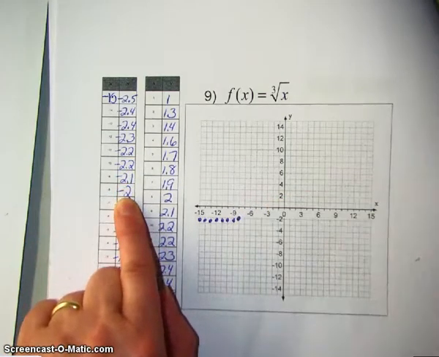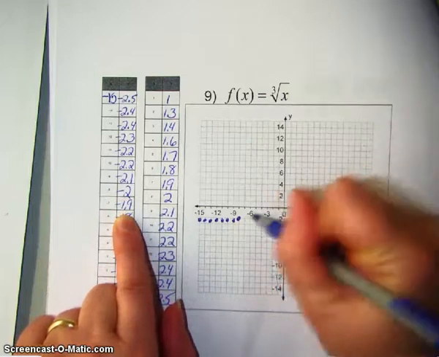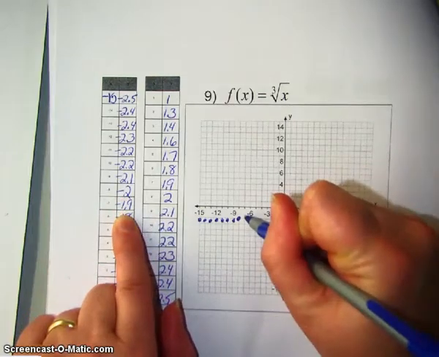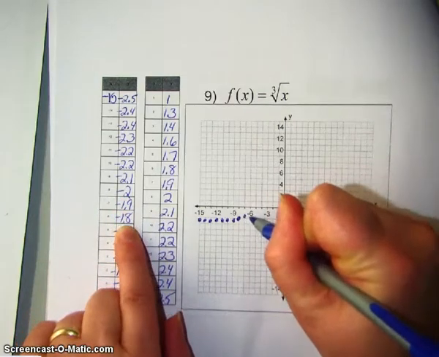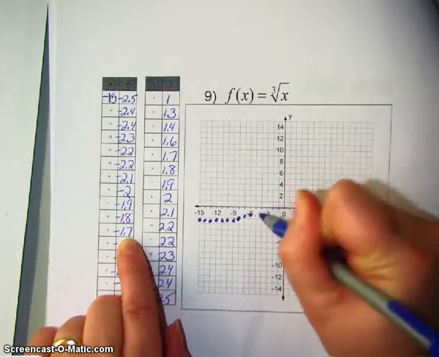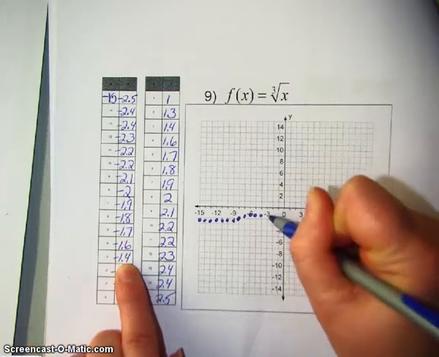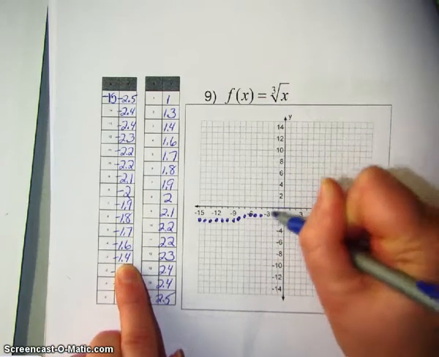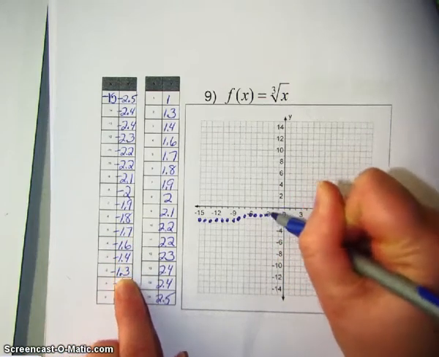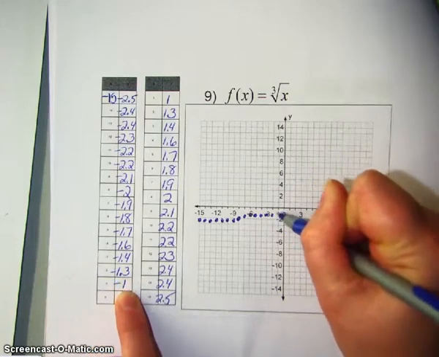That one is right there at the crosshairs. Negative 1.9, that's between negative 1 and negative 2. Negative 1.8, negative 1.7, negative 1.6, negative 1.4, negative 1.3, negative 1 right here.